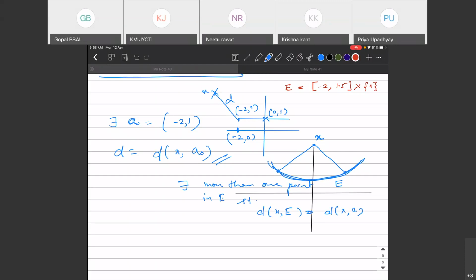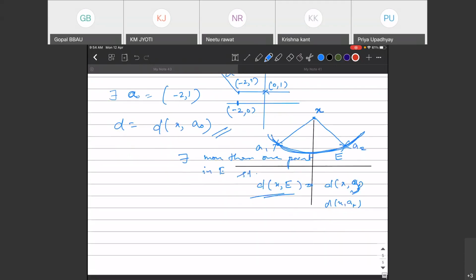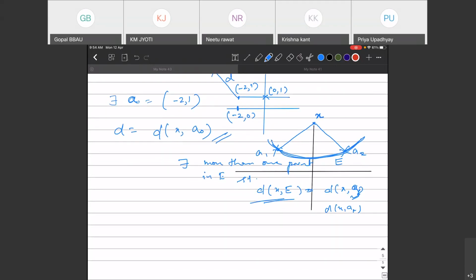In fact, there are infinitely many points such that this distance is d(X, A), say d(X, A1), d(X, A2), where this is A1 and this is A2. So in this case, the point is not unique.